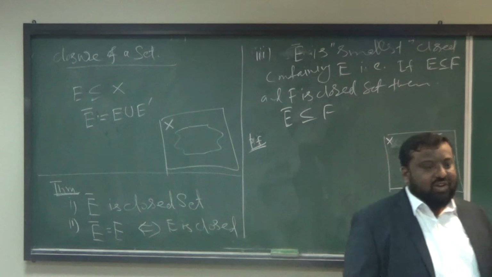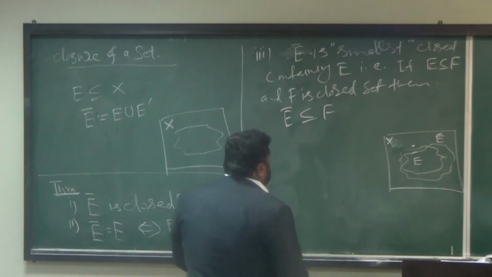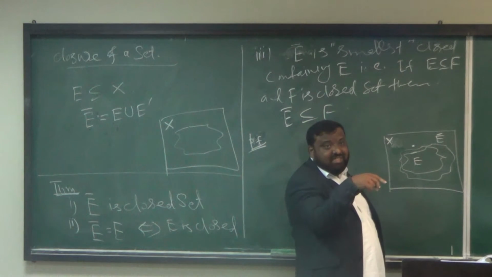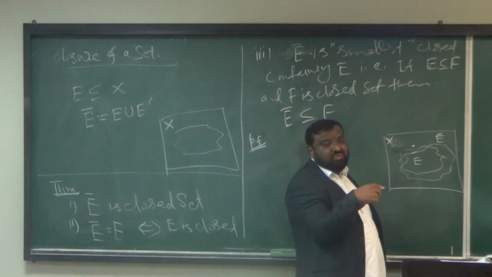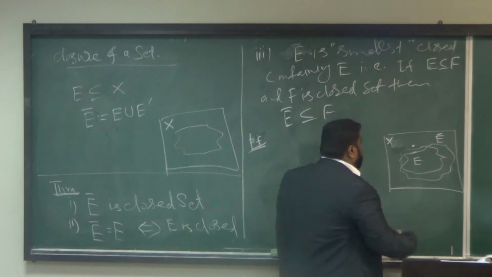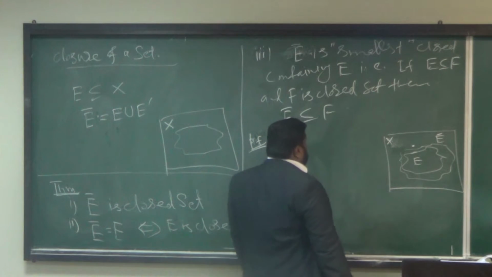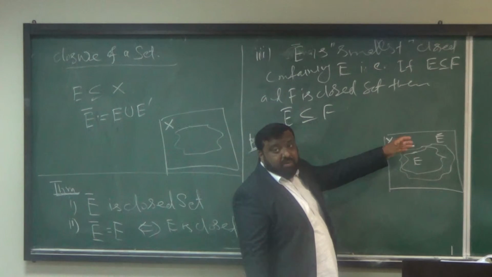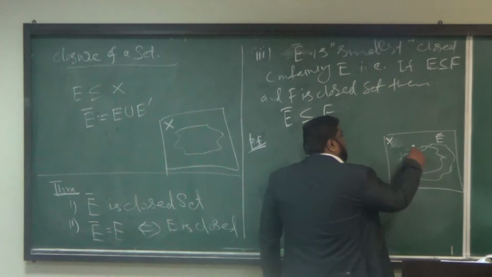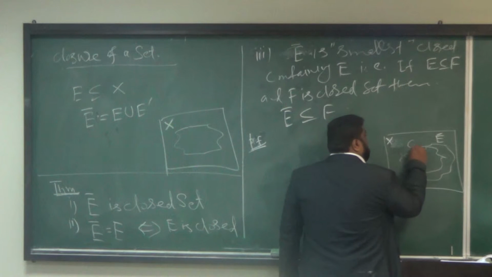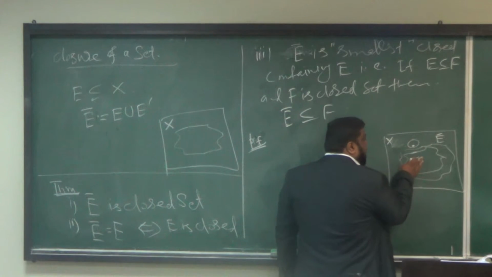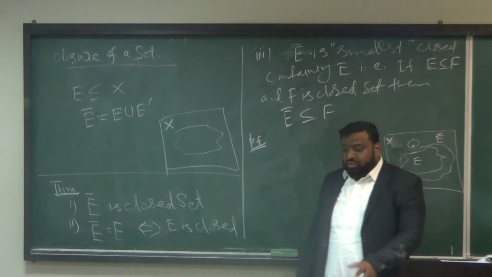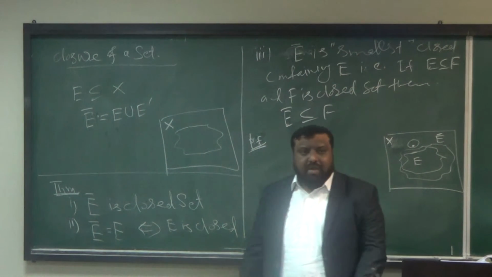So our claim is that the radius we are getting as a result of P not being in E prime, not a limit point of E, is such that with that radius, this ball is not going to intersect not only with E, but also with E bar.